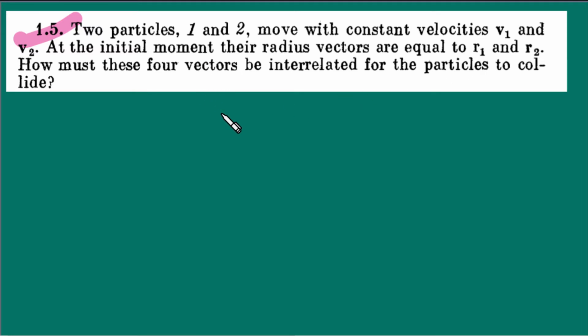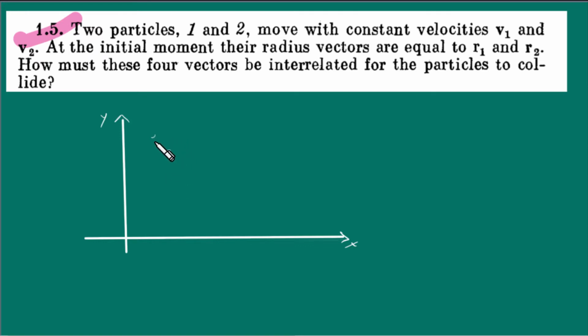So let's draw the situation first. You must be able to comprehend and imagine what is happening. Suppose this is our xy plane, and suppose this is particle 1, this is particle 2.